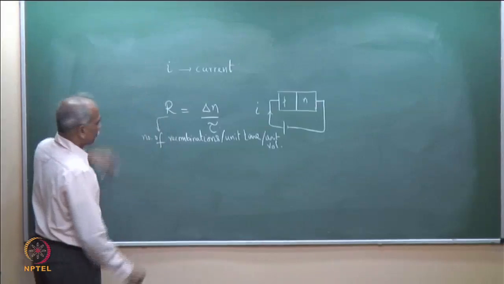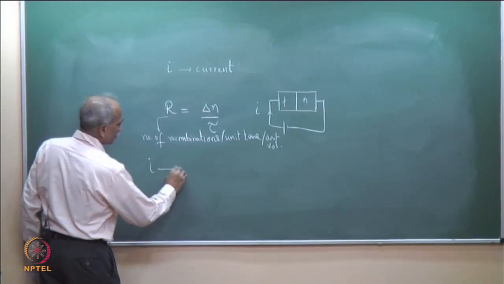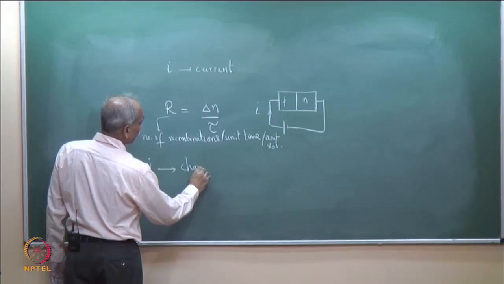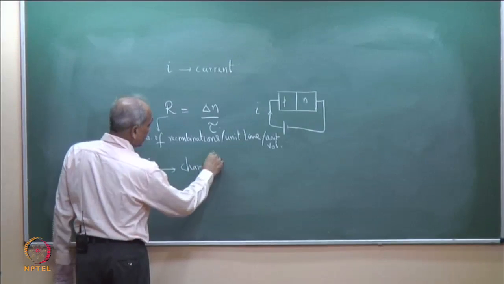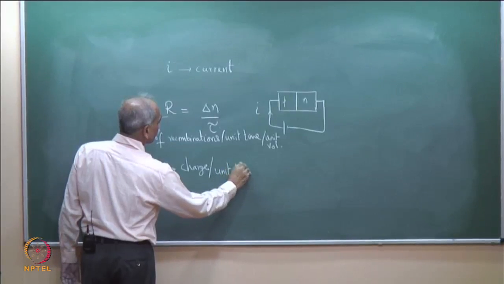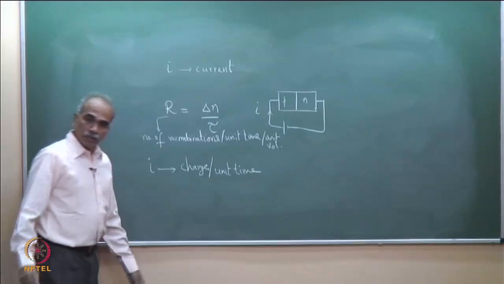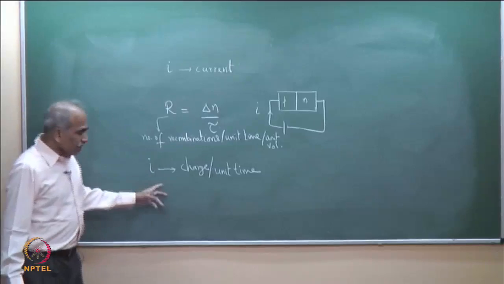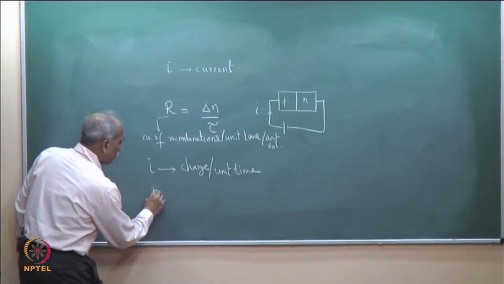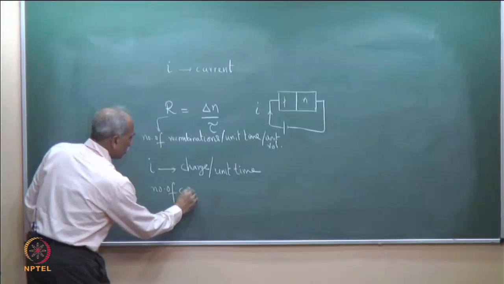What is I? I is current. Current is charge per unit time, rate of change of charge. So, what is the number of carriers per unit time?